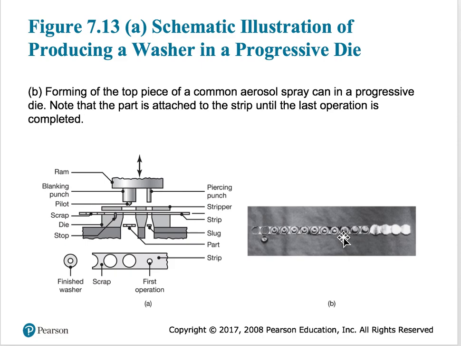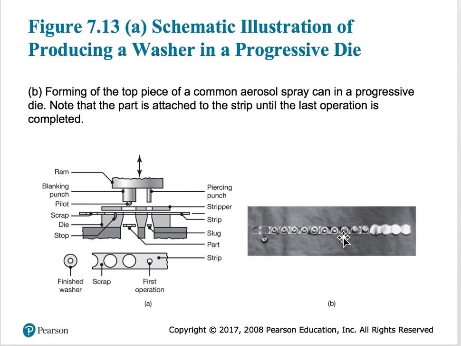Then you can also have what is called a progressive die. If you have multiple operations like punching, bending, blanking, etc. at very high production rates, then you can use a progressive die. You do one operation, then the part is automatically moved to the next die, and so on.